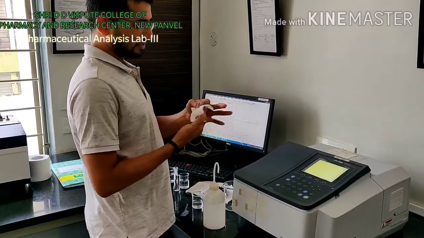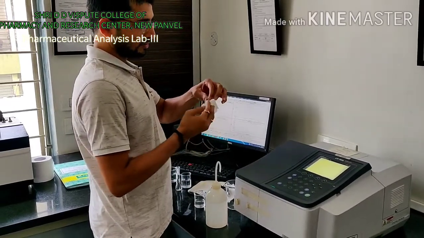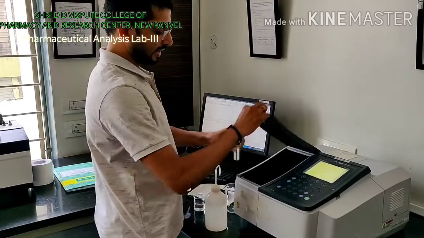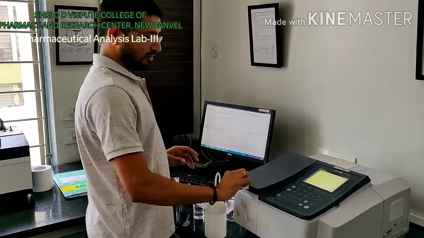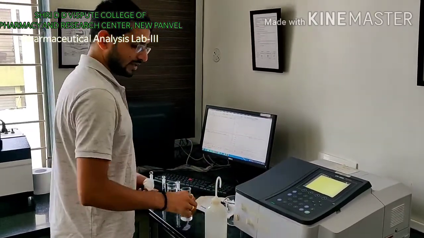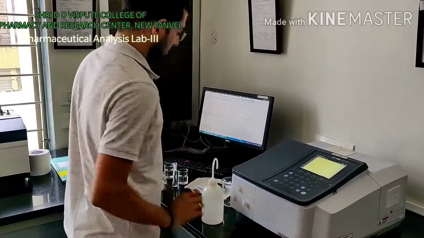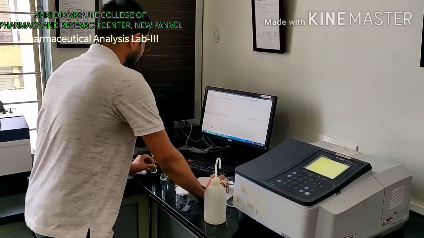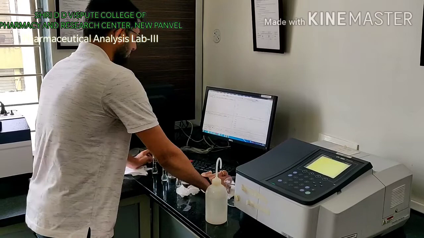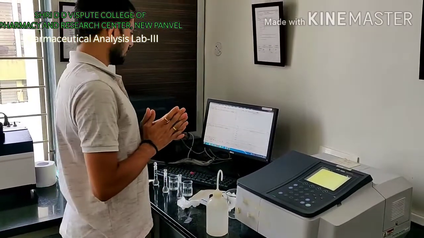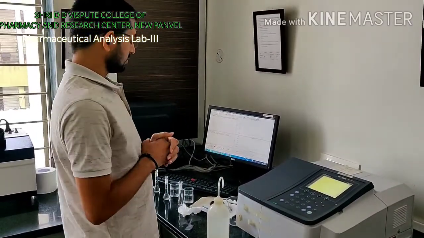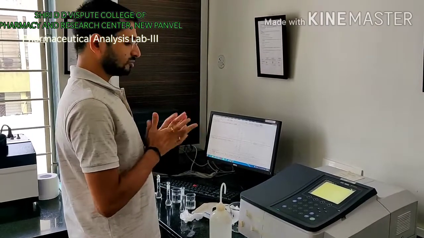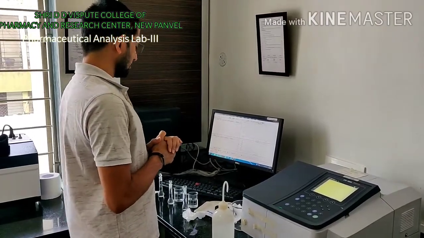Each time you replace your blank for taking the reading of A, B and C. So first we fill NaOH as the blank, then auto zero the instrument at 257 nanometer.